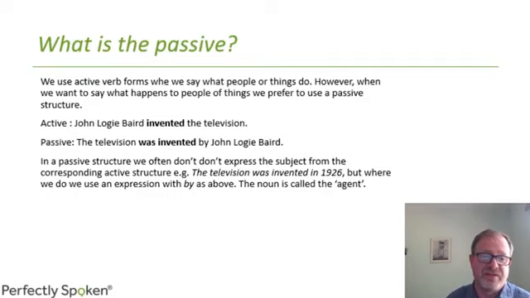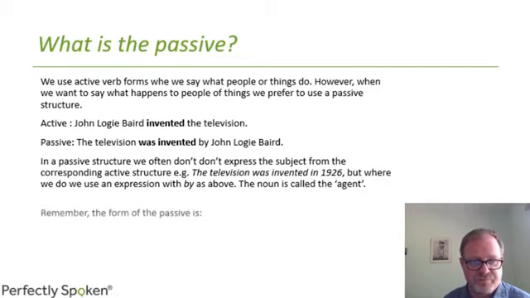So you could say very simply, the television was invented in 1926. In this sentence, we don't even mention who invented the television. But if we do, then of course, we would use the preposition by, as in the example, the television was invented by John Logie Baird. And here, John Logie Baird is what we call the agent. It's not actually the subject because this is a passive structure.